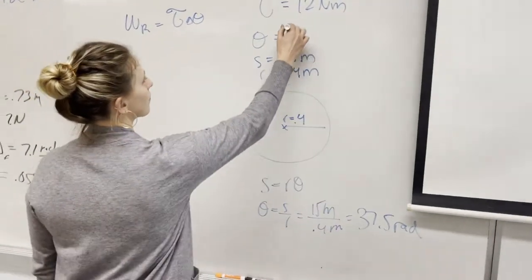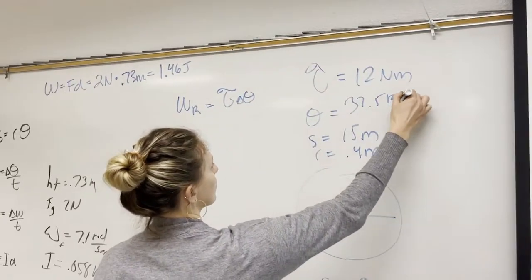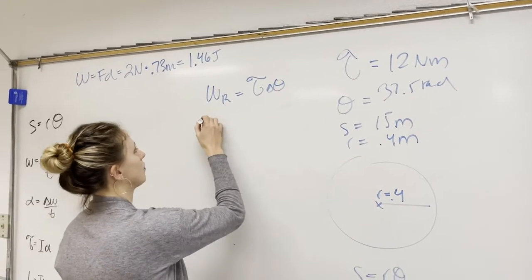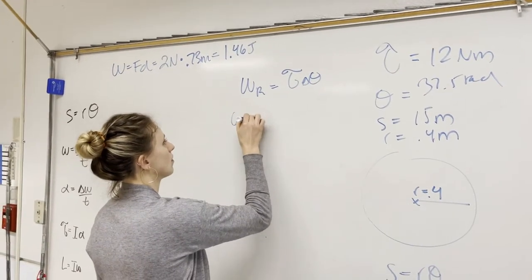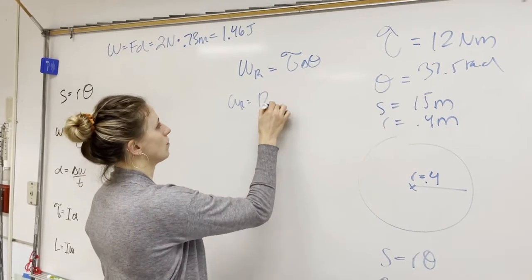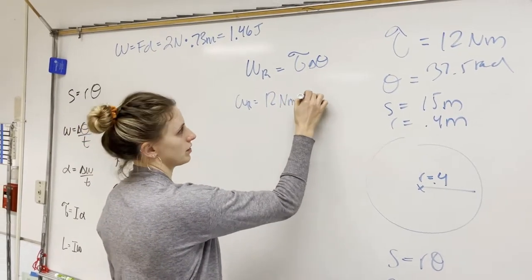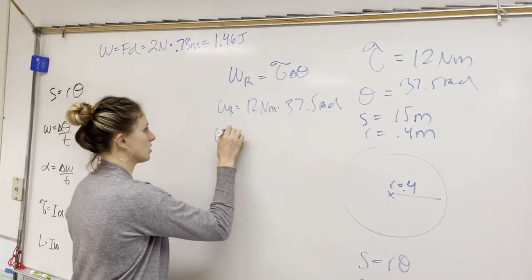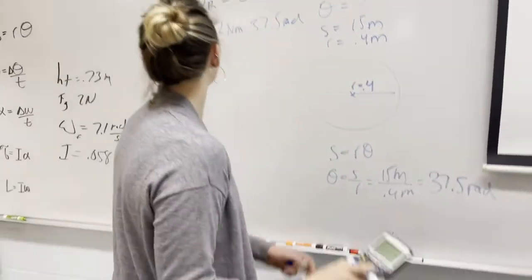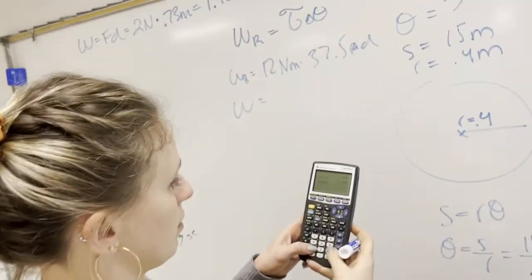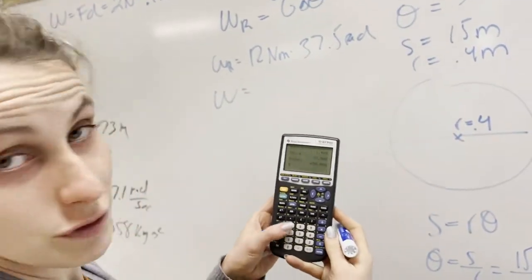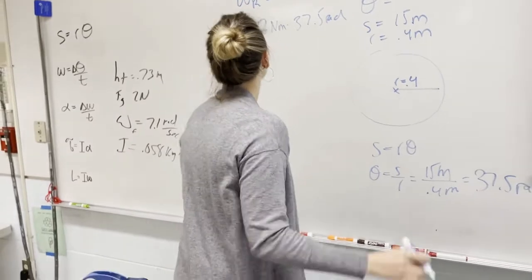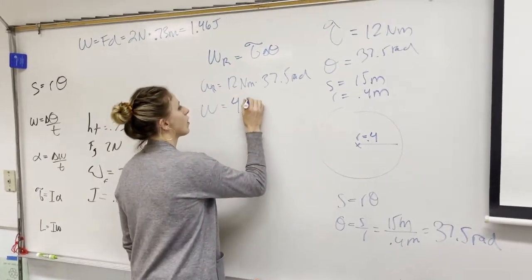So now we've got the angular displacement and we've got the torque, so we can find the work. 12 newton meters times 37.5 radians, and we get 450 newton meter radians.